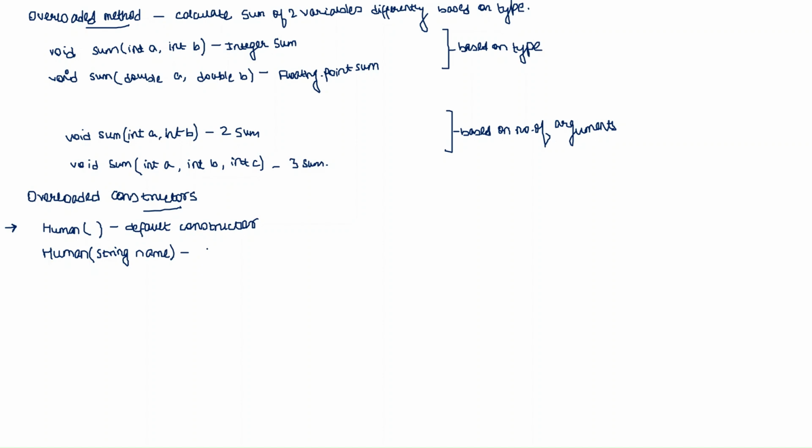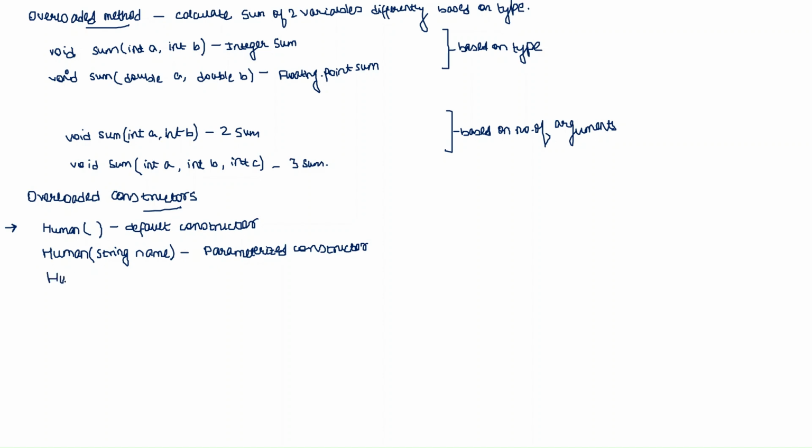So this is a type of parameterized constructor where, when I create an object of Human class, if I only know their name, I can put it in this particular constructor in order to initialize their name.